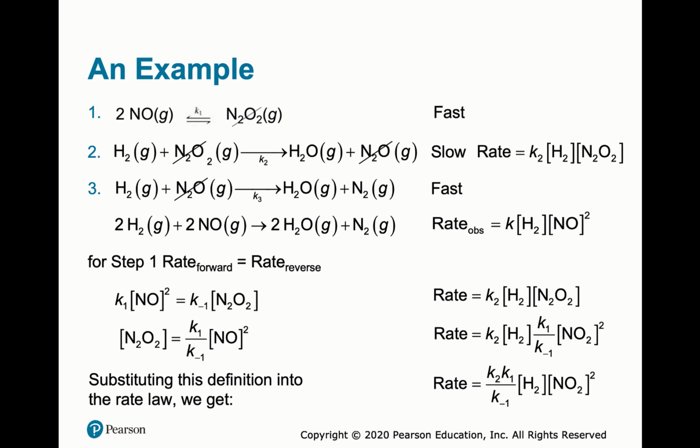So you can see here we have 2 intermediates, one being dinitrogen dioxide and also dinitrogen monoxide.